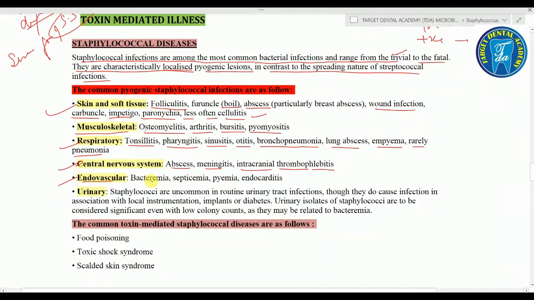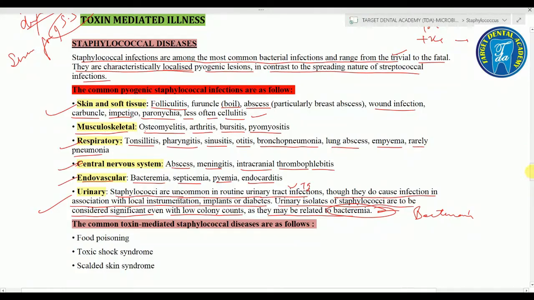In the endovascular system, bacteremia, septicemia, pyemia and endocarditis. In the urinary tract, staphylococci are uncommon in routine urinary tract infection, though they can cause infection in association with local instrumentation, implants or diabetes. Urinary isolates of staphylococci are to be considered significant even with a low colony count, as they may be related to bacteremia.